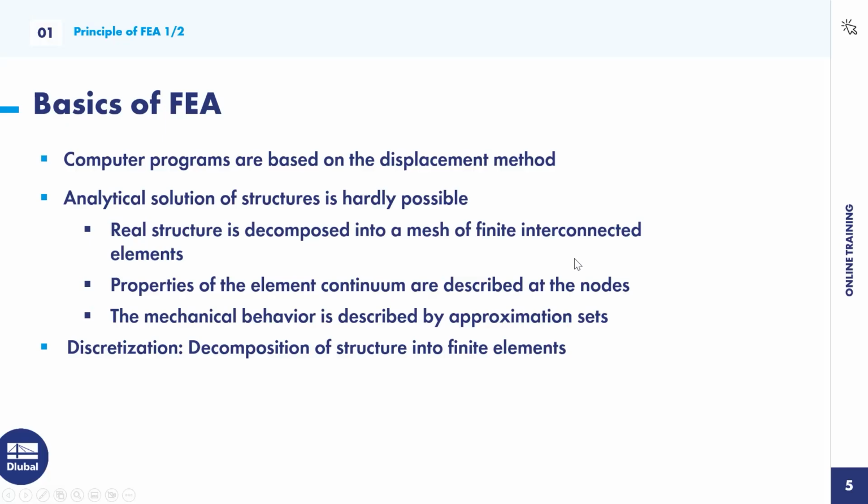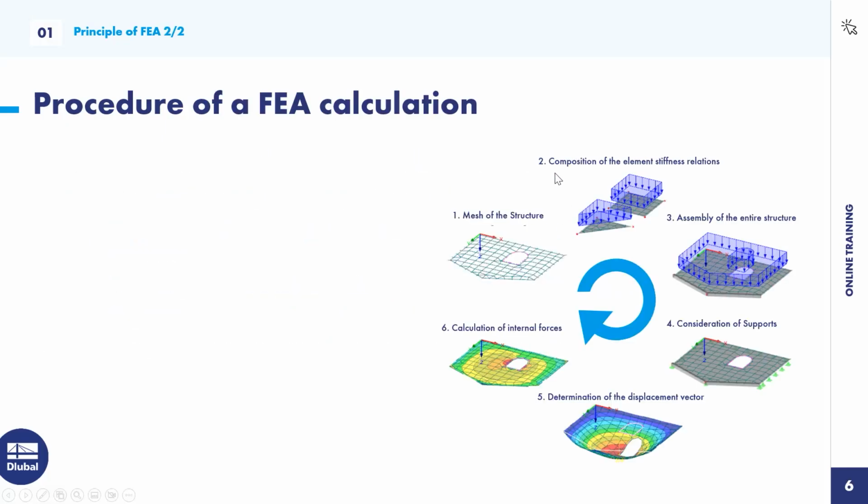So let's go on with our graphics here. Here we have it again shown in 6 steps. At first, we have our discretization. So we will have the mesh of the structure. In this case, we have a slab, and the slab is now divided into these finite elements.